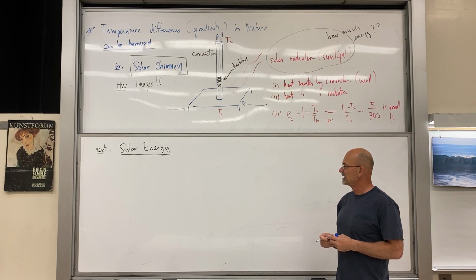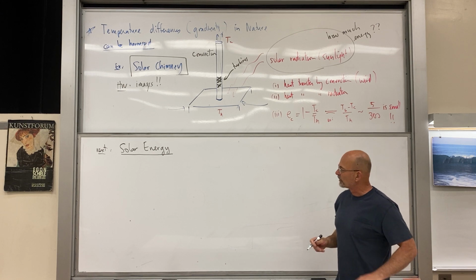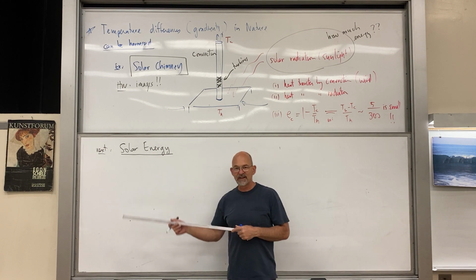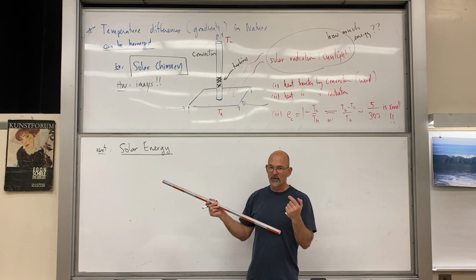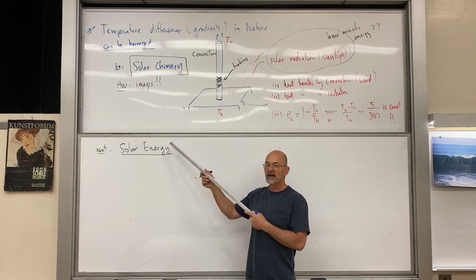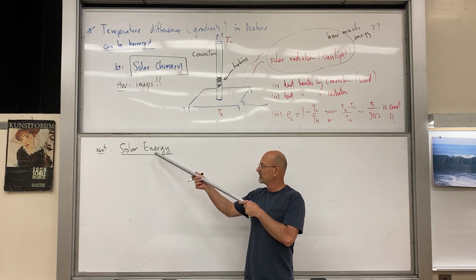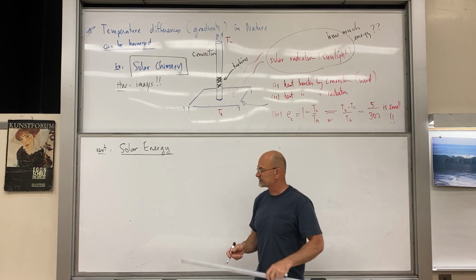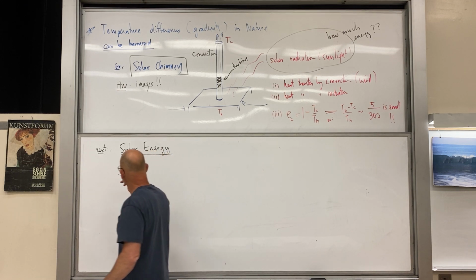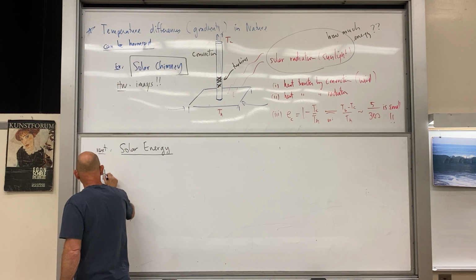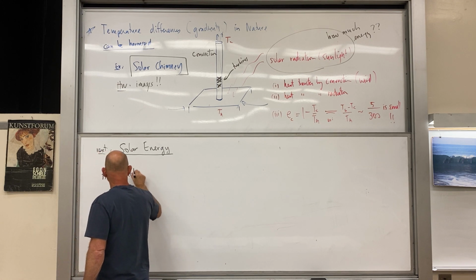How much is there? Now we've already mentioned the water cycle, so we know the energy we've been talking about has involved solar energy already, but now we're going to make it quantitative. So how much energy in sunlight?